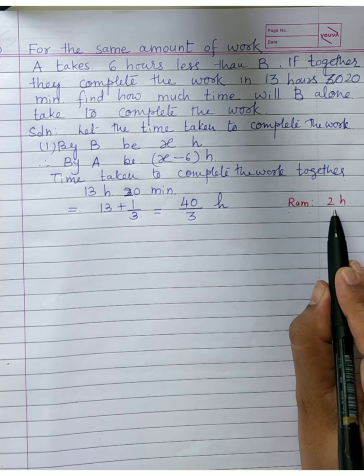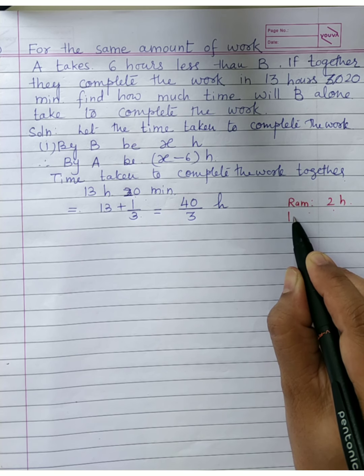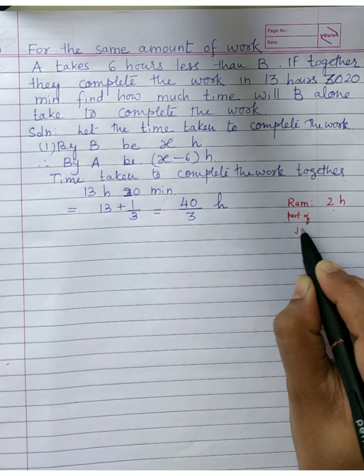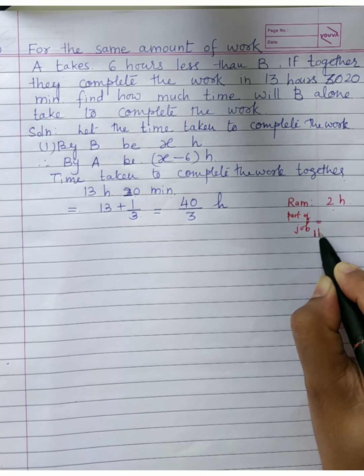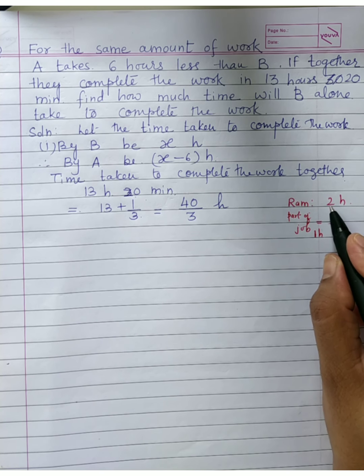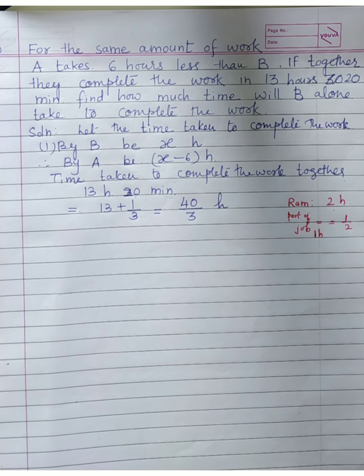Ram completes some job in 2 hours, and I'm asking how much part of the work is done by him in unit time, that is in 1 hour. Very simple to give the answer. As he completes the full work in 2 hours, in 1 hour how much job will he finish? Half of the work will be done.